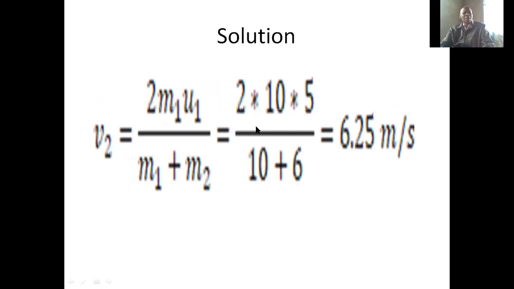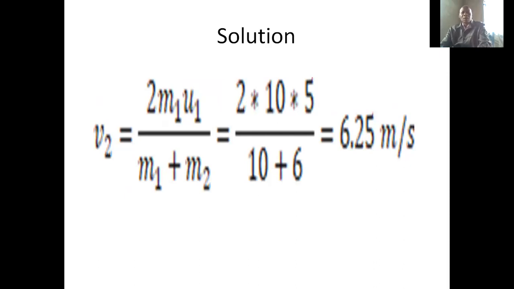So basically, this is a simple application of the concepts for an elastic collision, where we are saying the momentum is conserved as well as the kinetic energy is conserved.